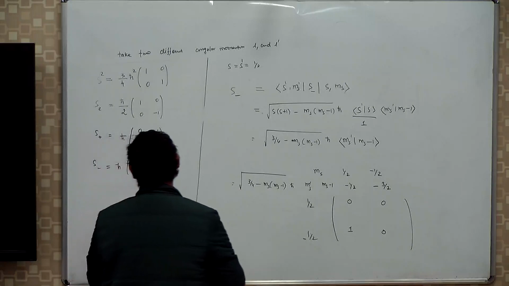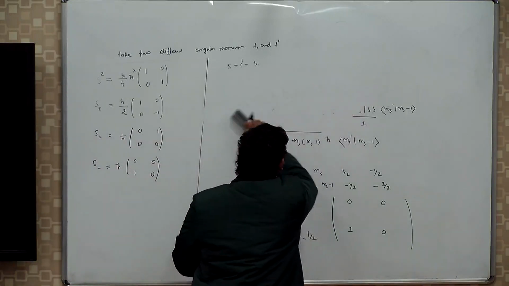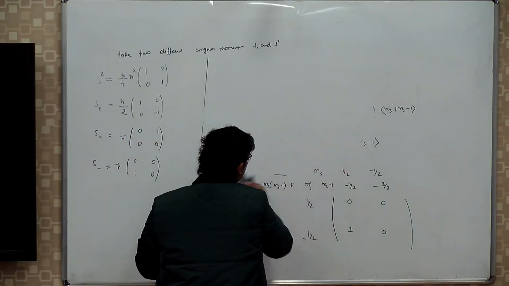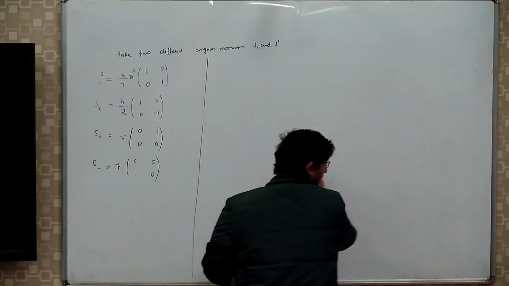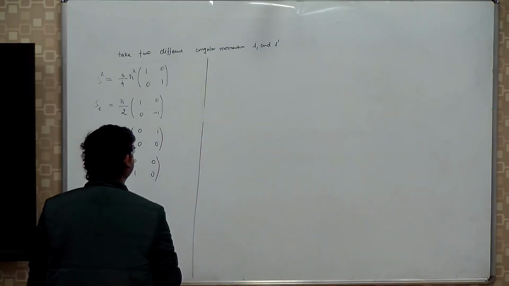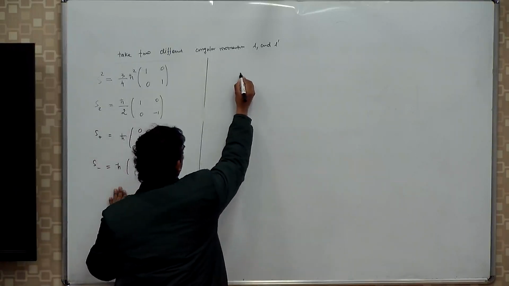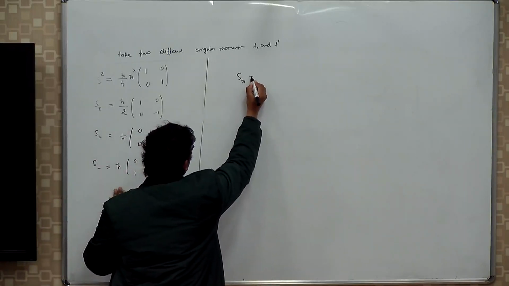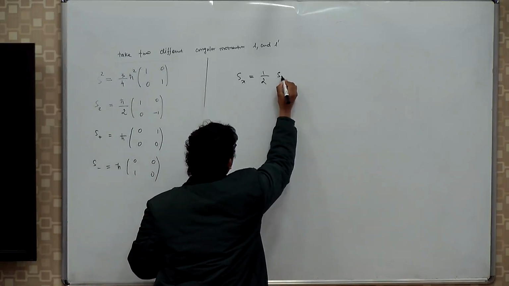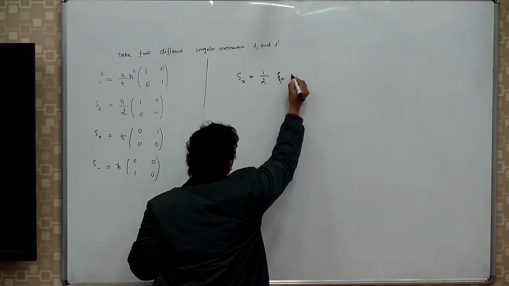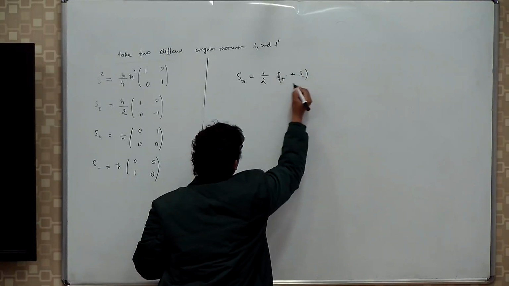Now we know the value of S plus and S minus, the raising and lowering operators for the spin one-half system. Then for finding the Sx value, it is nothing but 1 over 2 times S plus plus S minus.